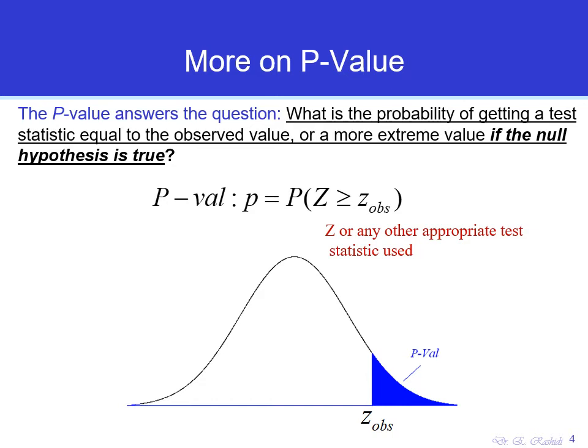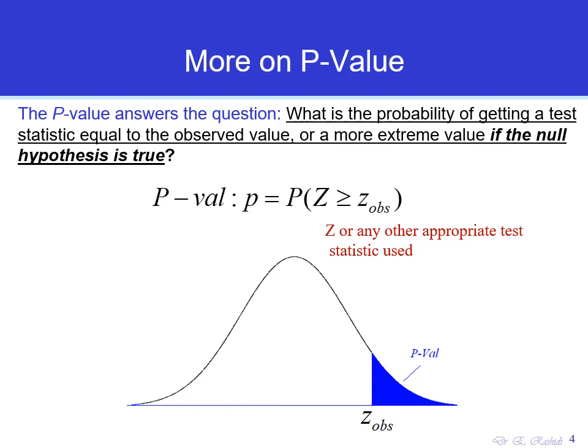P-value answers the following question: what is the probability, what is the likelihood, of getting a test statistic equal to the observed value that we have on hand, or a value more extreme than that, if the null hypothesis is true? Similar to a judging session, we assume innocent until proven guilty.